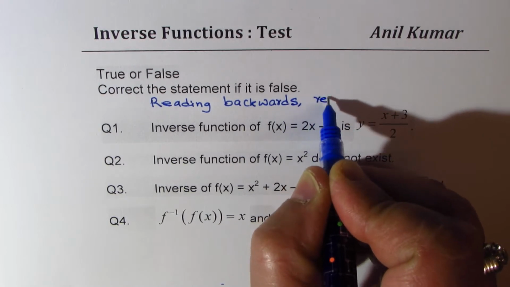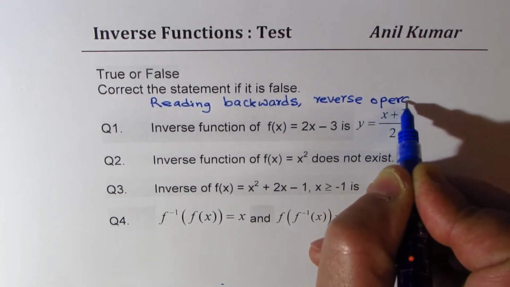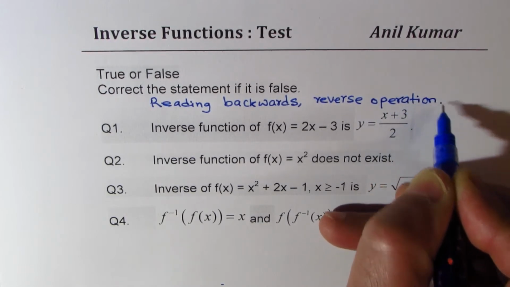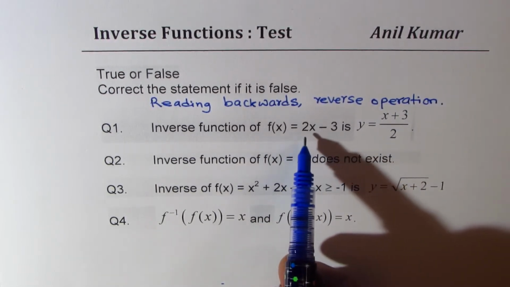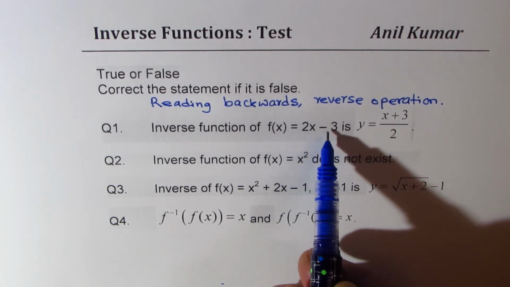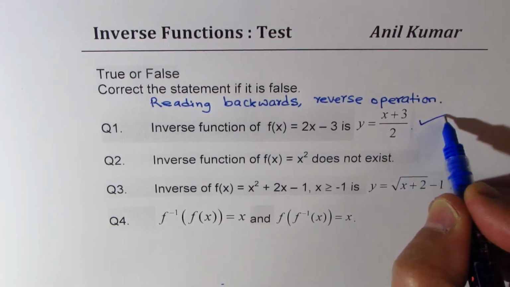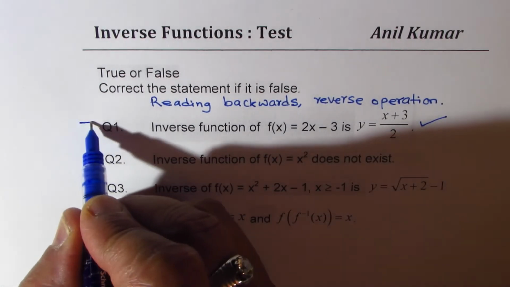That is reverse operation. In this case, you are multiplying x by 2 and then taking away 3. Reverse operation is add 3, divide by 2. So that is correct. So this statement is true.